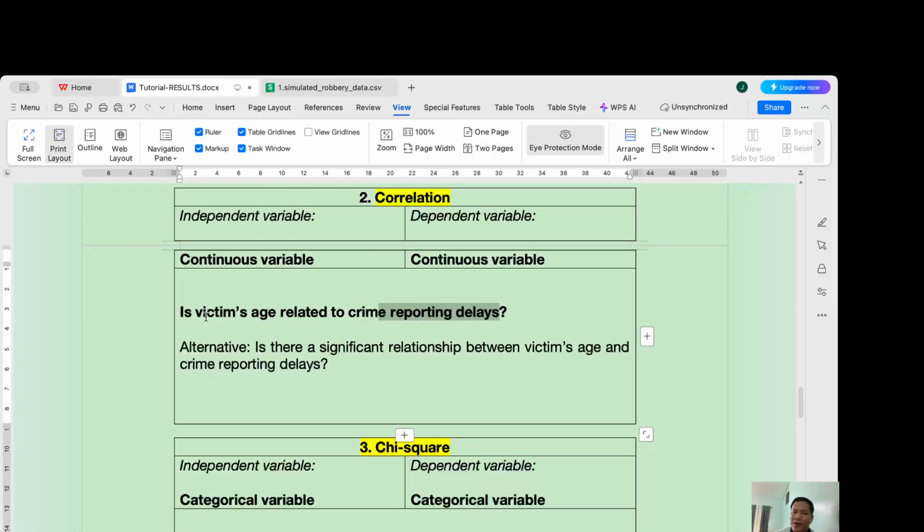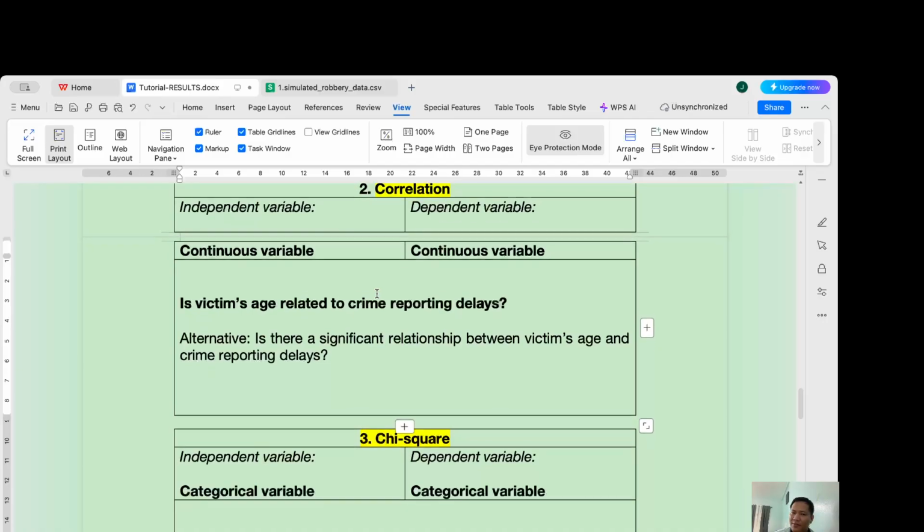Meaning, as the victim's age increases, crime reporting delays decrease. So older victims tend not to commit reporting delays compared to younger victims.